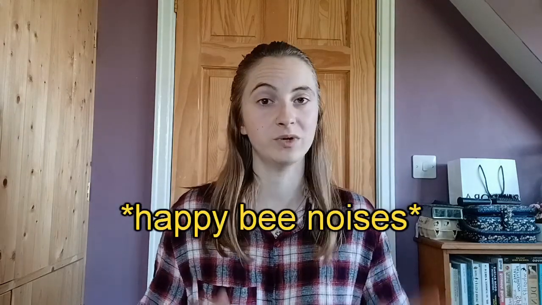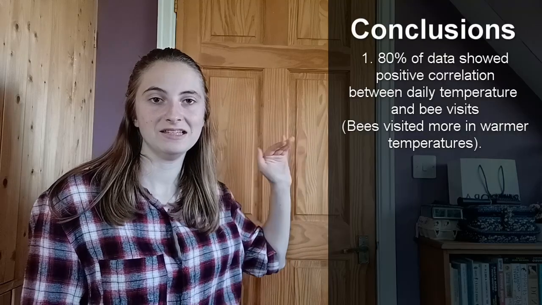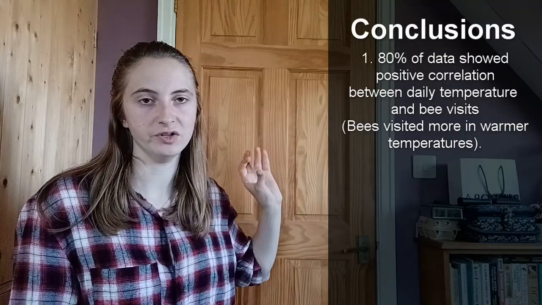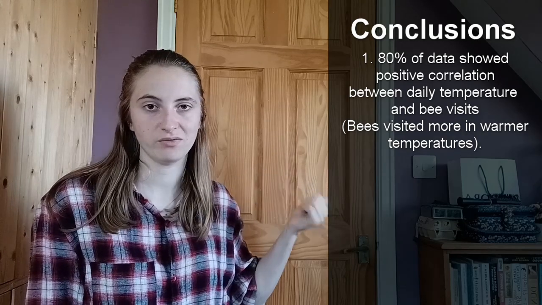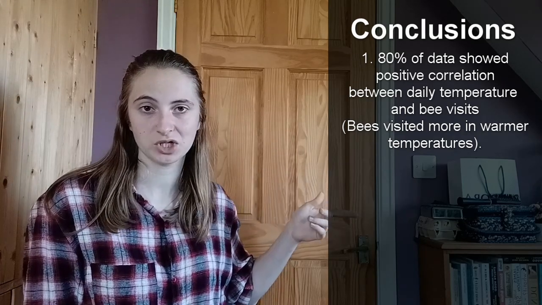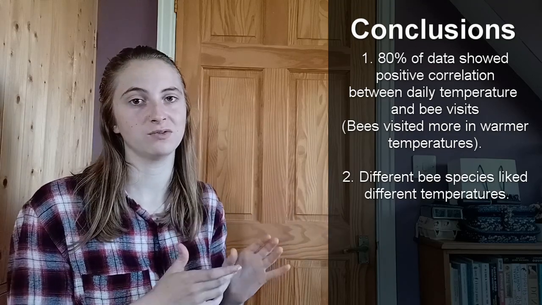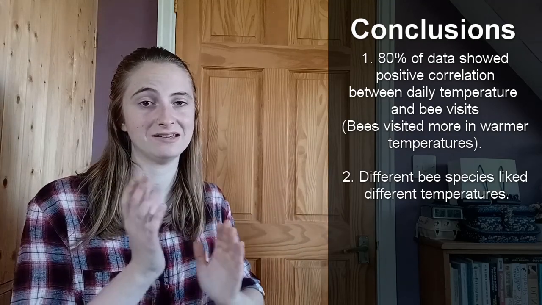So in conclusion, bees are awesome, which we knew already. No, the main conclusion is, from this study, 80% of the data showed positive, significant correlations between bee visits and daily temperature. There was an observed qualitative difference between bee species and temperature.